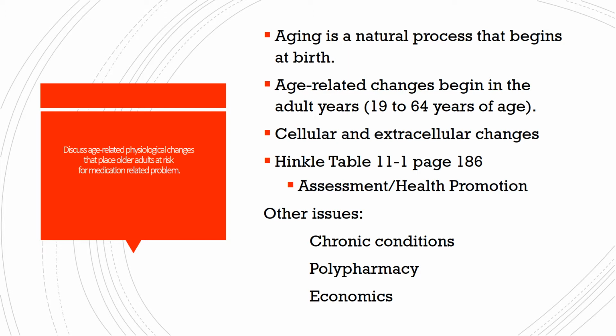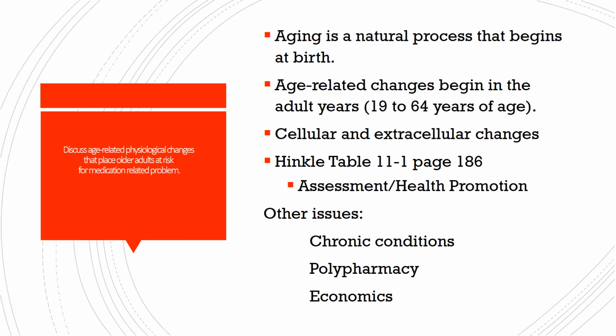We have cellular changes and extracellular changes. Basically, everything starts to decrease for the most part. Cellular aging and tissue deficits can diminish the body's ability to maintain homeostasis and prevent organ systems from functioning at full efficiency.